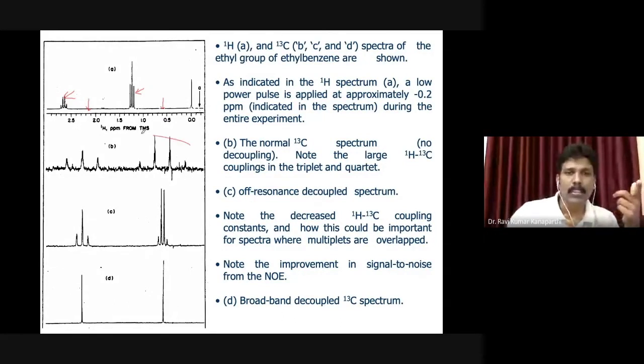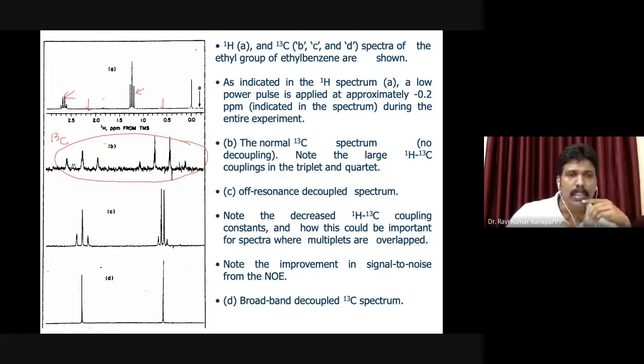And then this spectrum is the coupled spectra of the same ethyl benzene. So this is the C13 NMR spectra of the same ethyl benzene, but it is not decoupled, it is a coupled spectrum. Okay, coupling is there. Therefore, that is why we decided to go for the decoupling techniques, right?